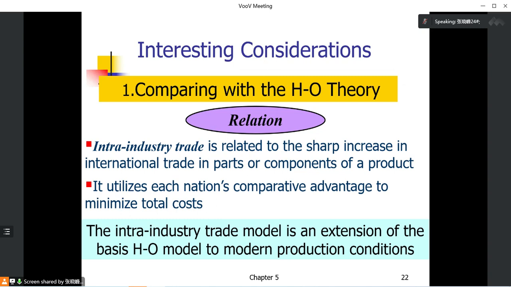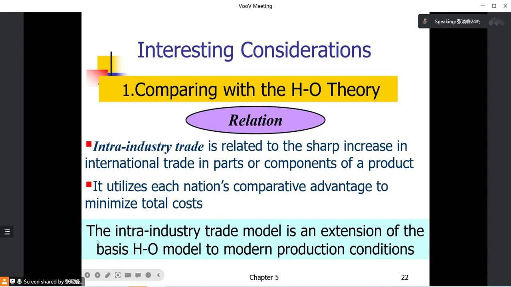I think that is a strategy for the Airbus company to minimize their total cost of assembling the Airbus flight.